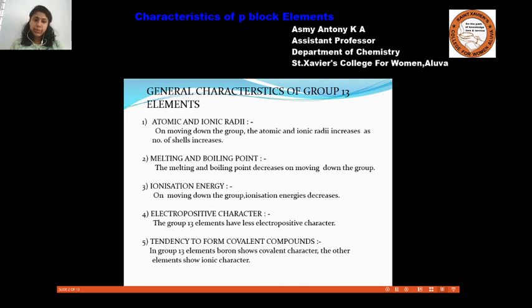One will be electropositive and another will be electronegative. That means one will donate its electron, other will accept its electron. So in the case of boron, it shows covalent character. That means it can share its electron to another element and form a covalent bond and form a covalent compound. And other elements will show ionic character. That is, they will form ionic compounds.